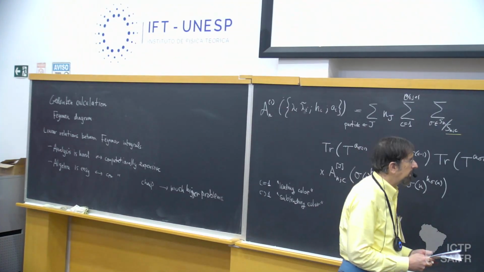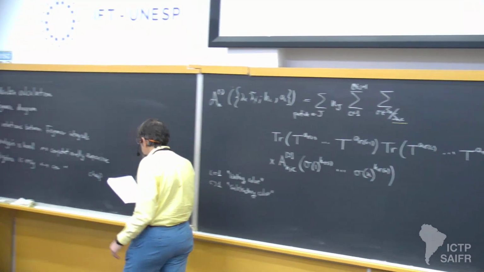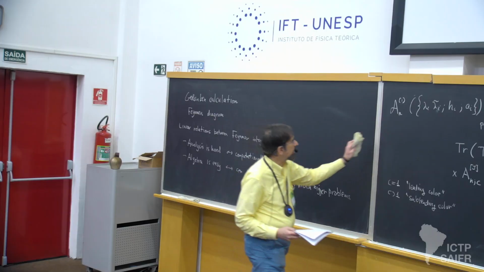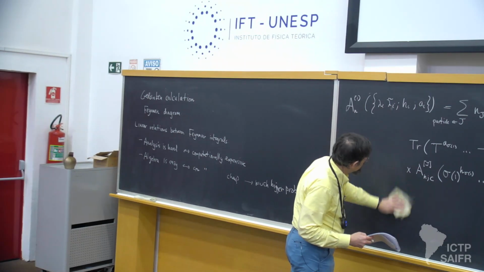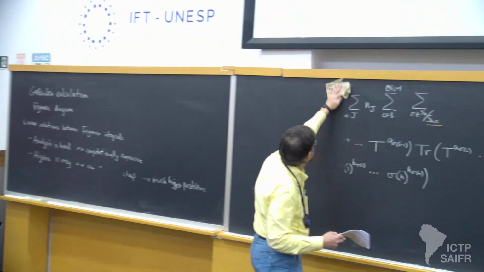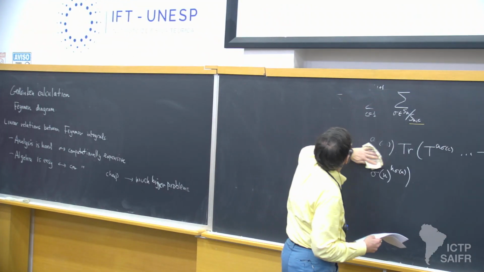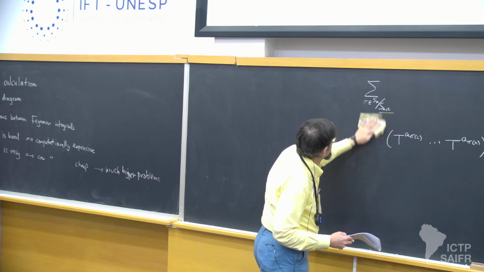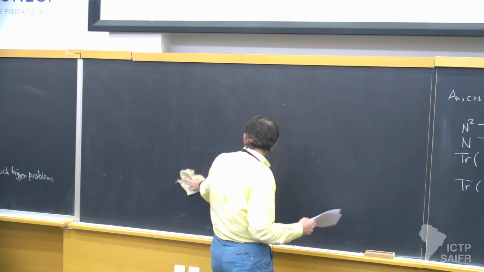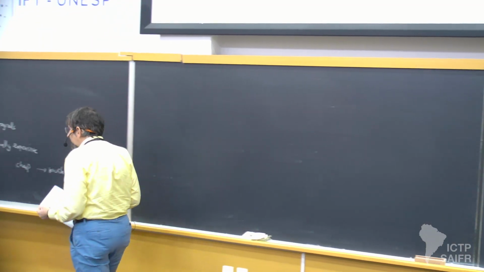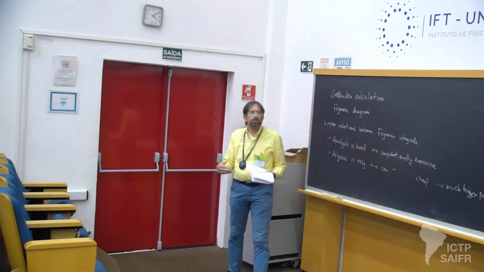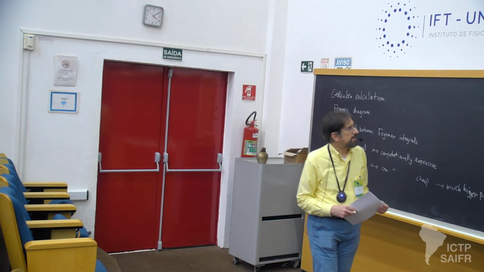So if we can take advantage of all the linear identities, then we can hope to get down to what's called a basis or a set of master integrals. And these integrals, because there's no more algebraic relations between them, there's analytic structure about them that's distinct.